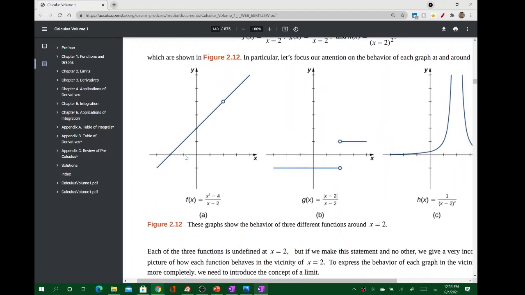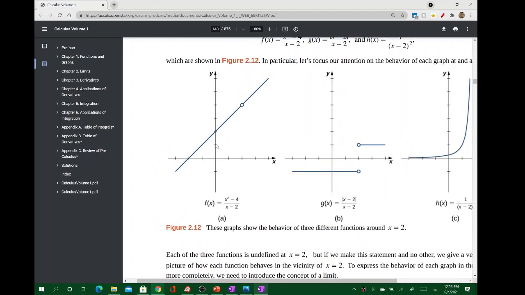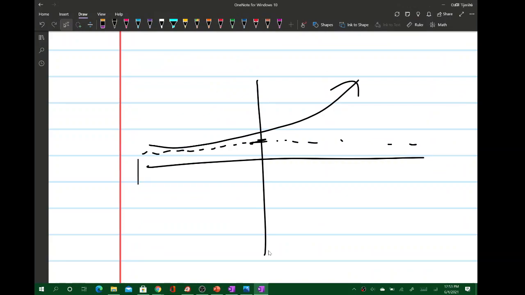Now, notice how this one is actually a linear function, but notice that at x equals 2, right here, the function is undefined. Now, why is that?